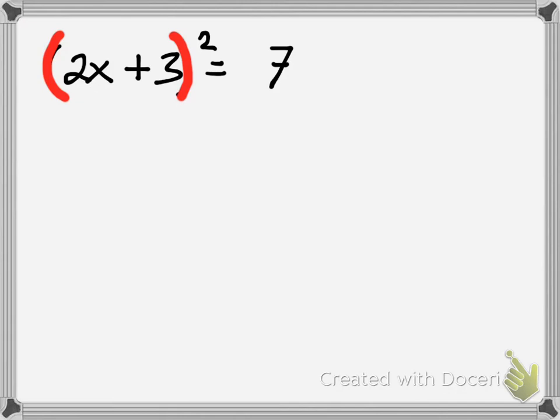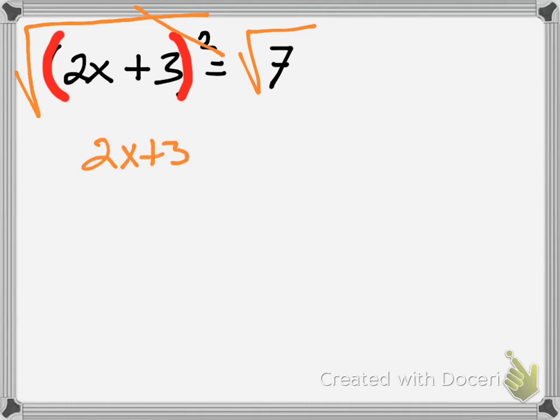It means right now we can square root both sides right now. The square and the square root cancel over here on the left. x plus 3 equals plus and minus the square root of 7. I don't know anything else about the square root of 7, so I'm going to leave it alone.